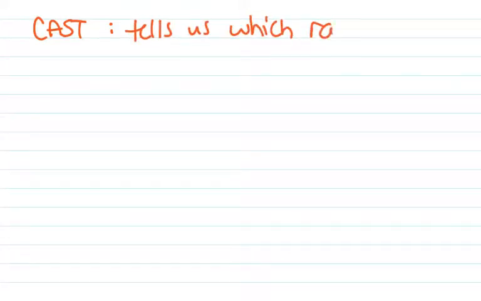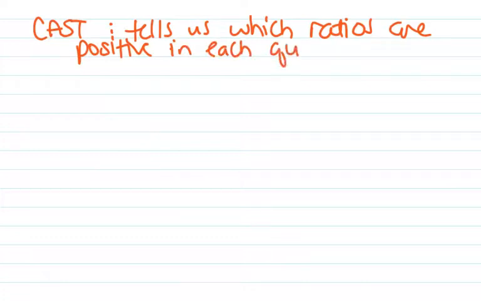All right, and then the CAST rule, it tells us which ratios are positive in each quadrant.